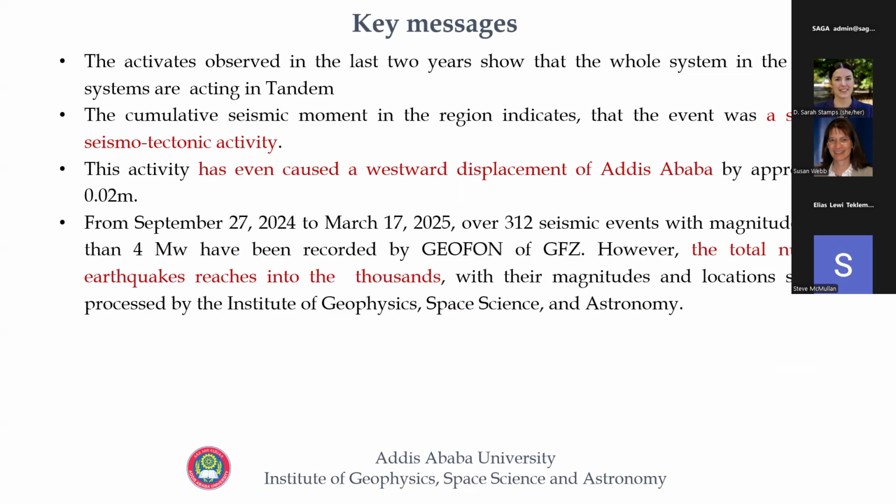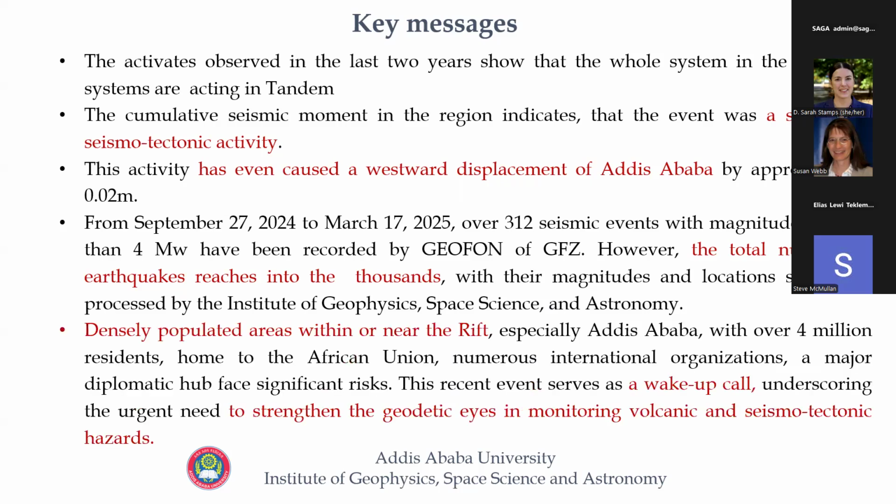And the total number of earthquakes registered from September 27 to March 17 was over 1,000. Even if we take magnitude 4 or above from geophone, we have registered over thousands of earthquakes.